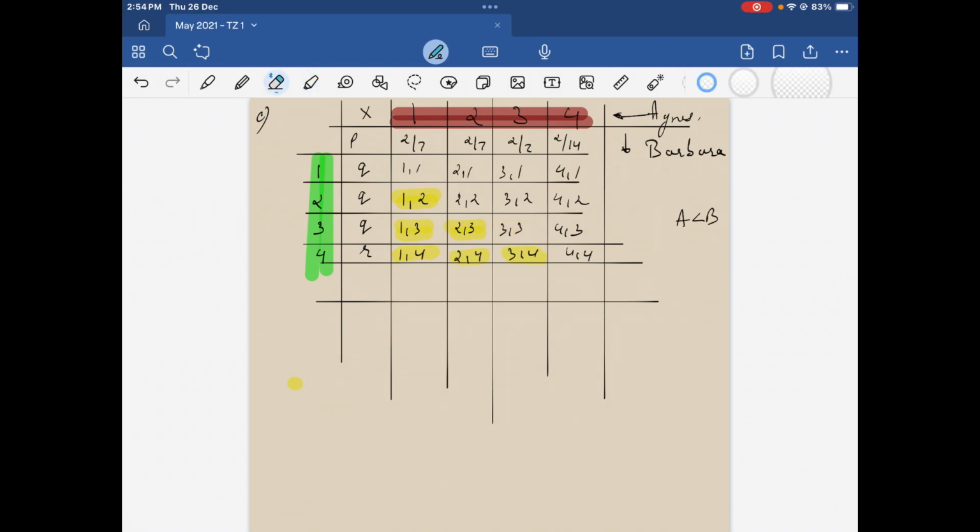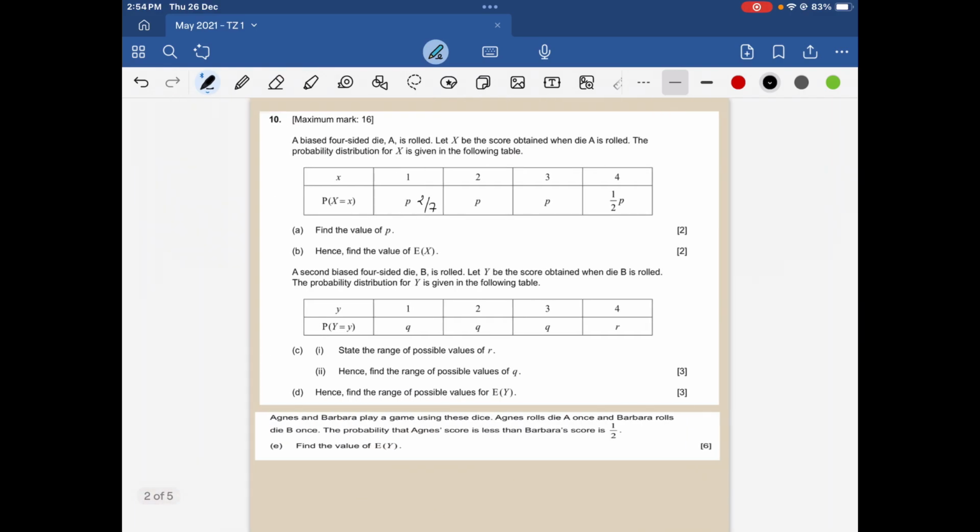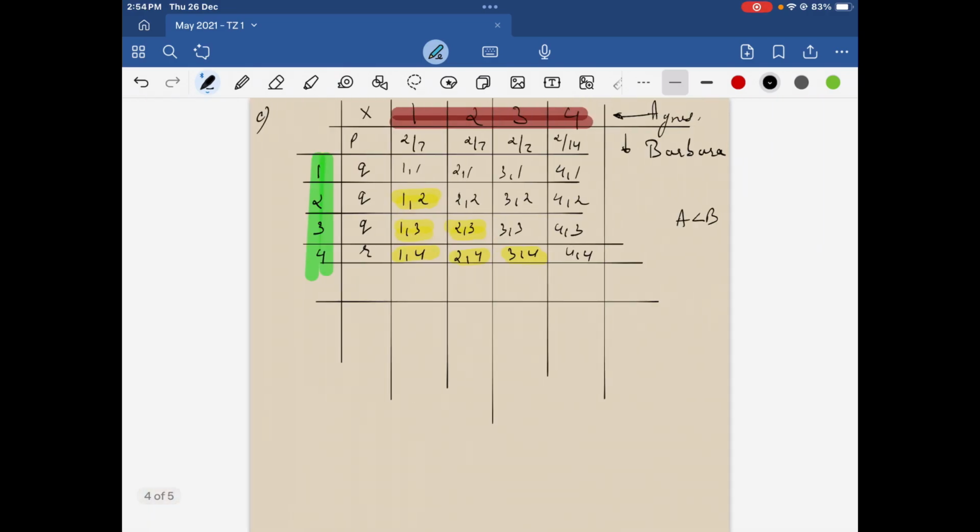So out of a total 16 outcomes, only these 1, 2, 3, 4, 5 and 6 are the possible outcomes where the number on Agnes's die is less than the number on Barbara's die. Now see, for us to proceed ahead, they have given the probability over here, 1 by 2. So we make use of that.